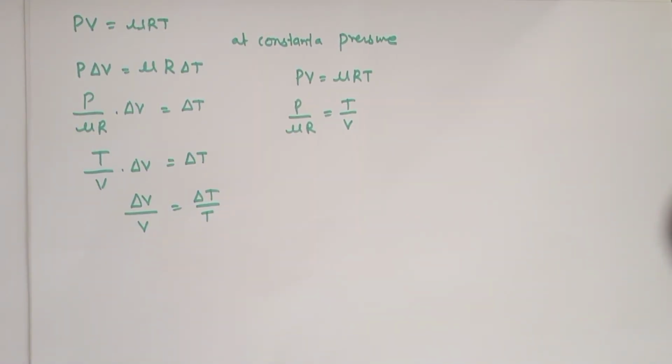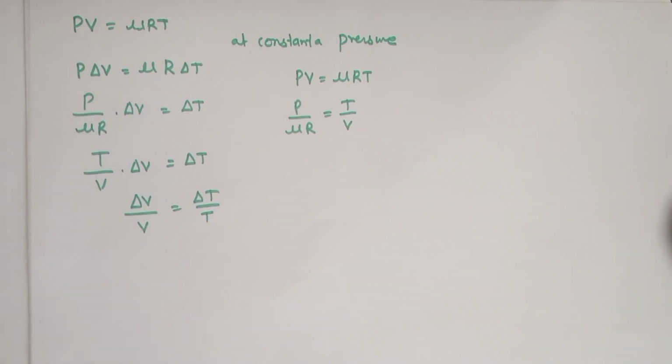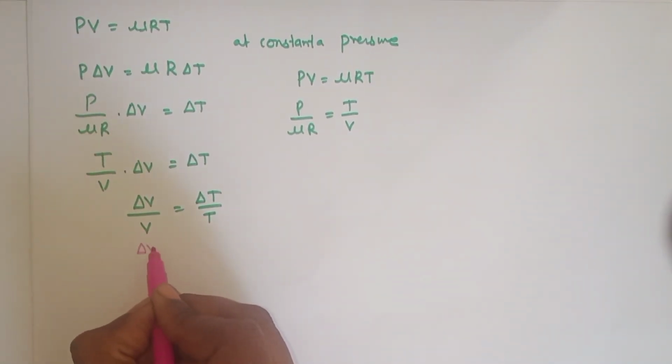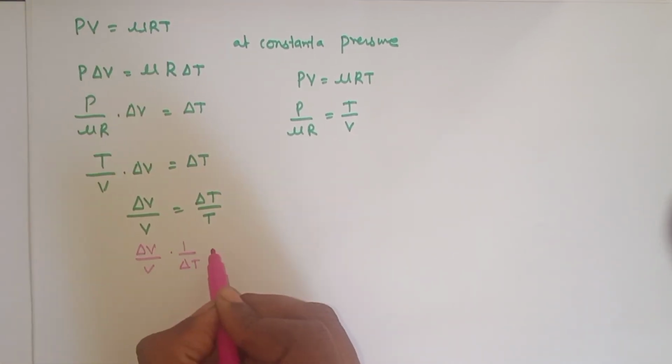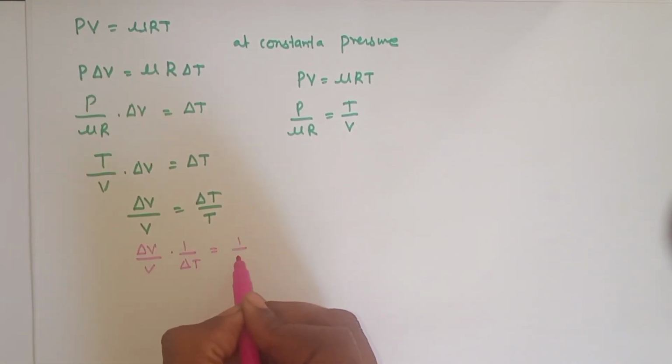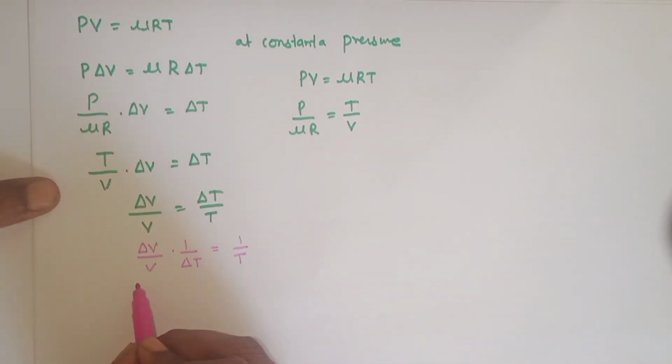Right? Delta V by V is equal to delta T by T. Now, how do you write this one? Let us make it delta V by V by delta T is equal to 1 by T. And what is this?